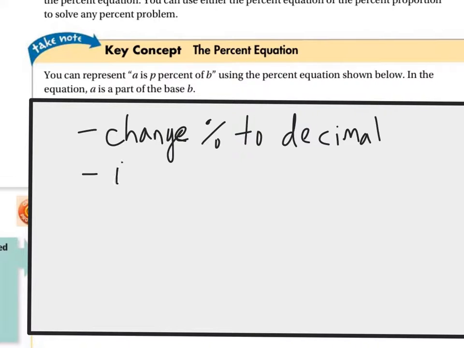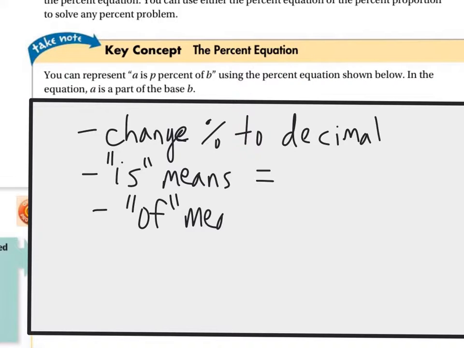We need to remember that is means equals, and of means multiply.